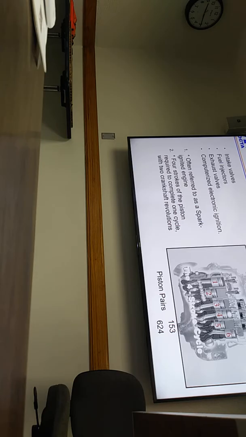So it's called a 4-cycle or 4-stroke engine. Okay? 4-cycle or 4-stroke. So the crankshaft has to turn twice, or 720 degrees of rotation.